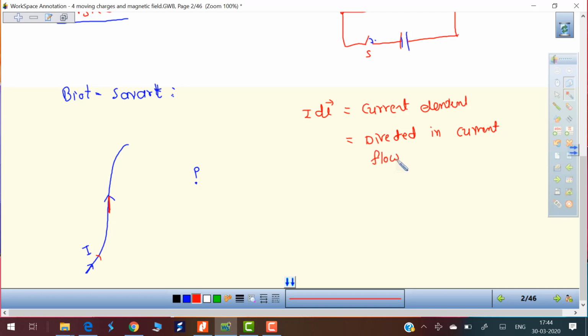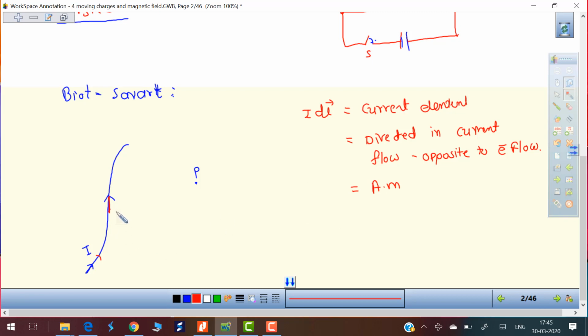Again I remind you that this is conventional current, it is opposite to the direction of electron flow. It is a vector quantity. You cannot separate these two things, I and dl, it is a common thing, IDL. And the unit is ampere into meter.